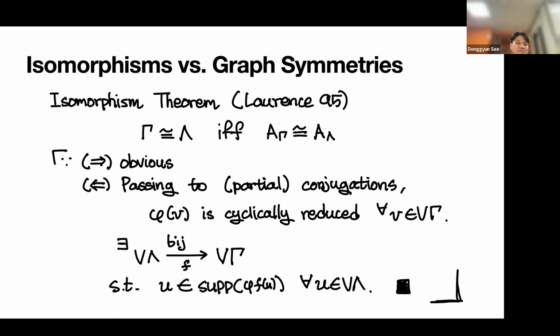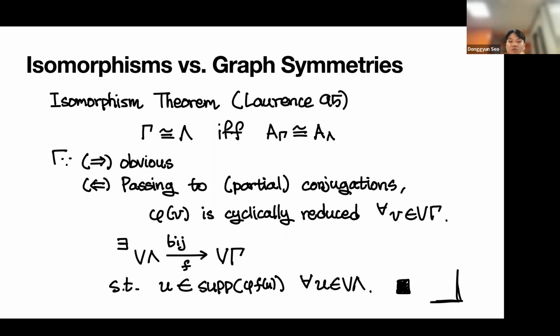By some technical method, Laurence made a bijection between the generators of the two right-angled Artin groups, and this bijection has the property that each vertex of lambda, the image of the bijection, lies on the reduced word of phi of v, where phi is the given isomorphism.